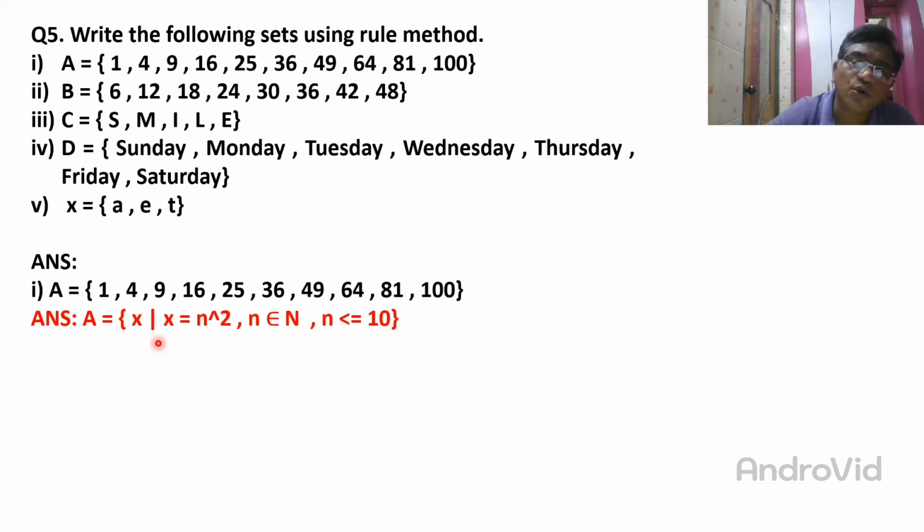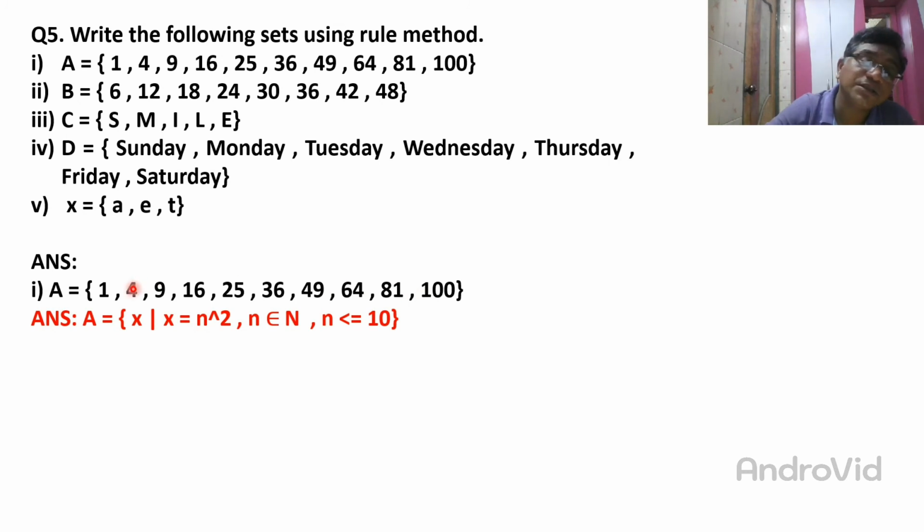If you observe, what is the pattern of this set? 1 square is 1, 2 square is 4, 3 square is 9, 4 square is 16, 5 square is 25, 6 square is 36, 7 square is 49, 8 square is 64, 9 square is 81, and 100 is 10 square.